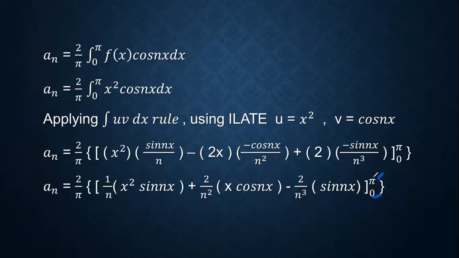But when you apply the upper limit pi or the lower limit in the sine function, either it can be sin nx or sin 2nx or whatever it may be, if you apply the upper limit and lower limit in a sine function, this will be 0.